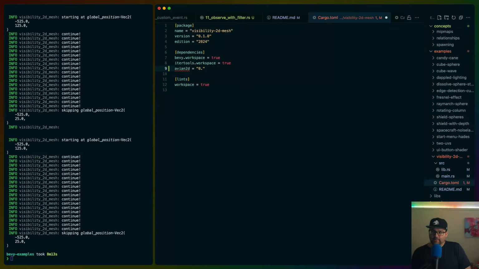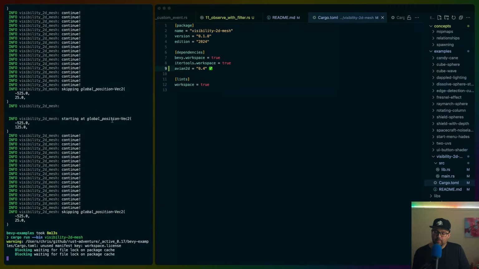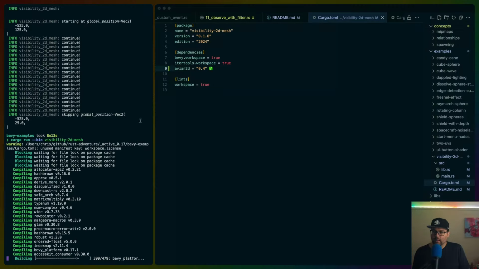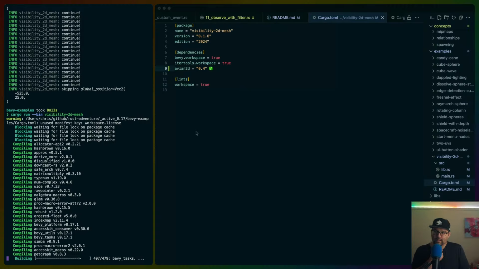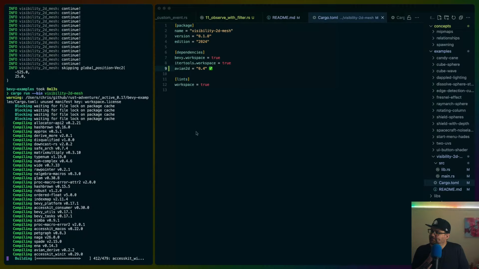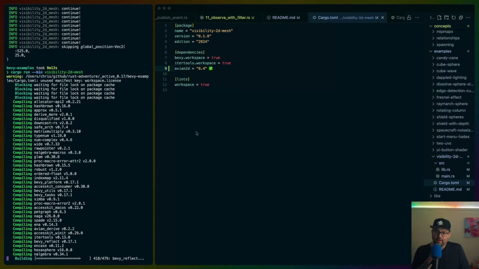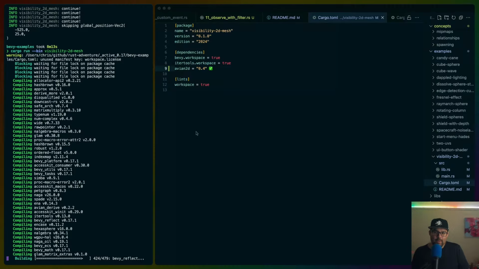So the Avian examples would all kind of delay by a couple weeks after the release, which is fine. I think it's 0.4 right now, right? Which is fine. It's just something that I keep in mind for any kind of examples or pedagogical content. It puts it into a different category. I can keep everything else up to date with Bevy main. I can't keep Avian-based examples up to date with Bevy main.